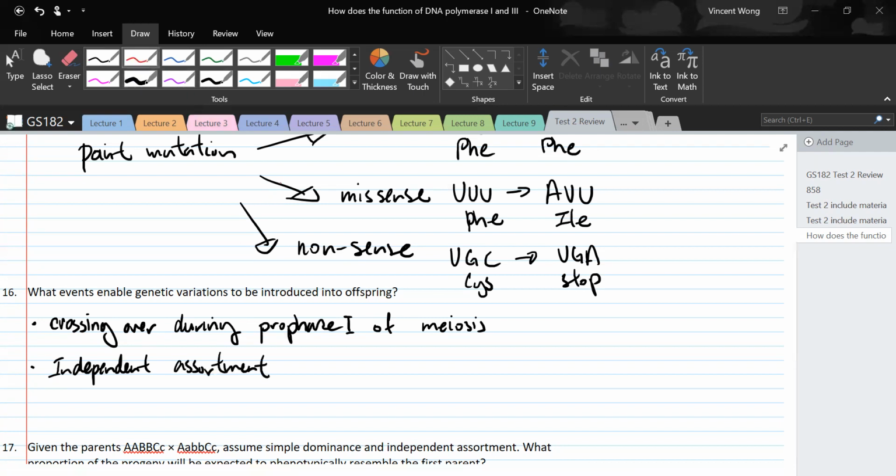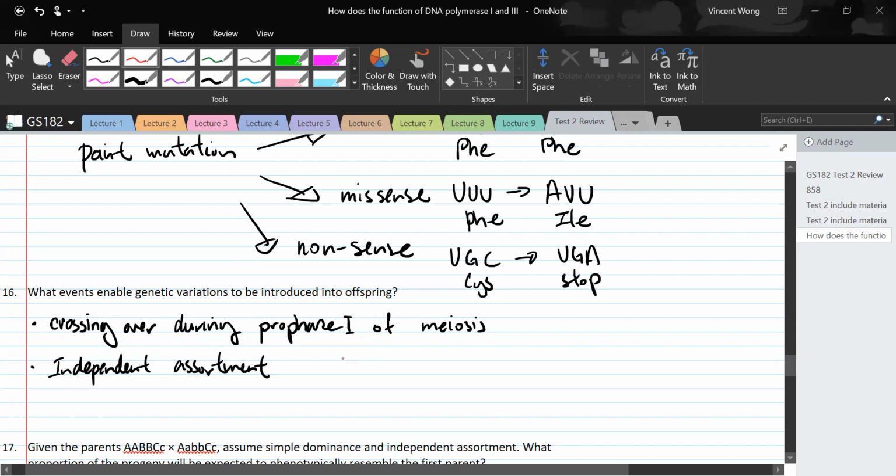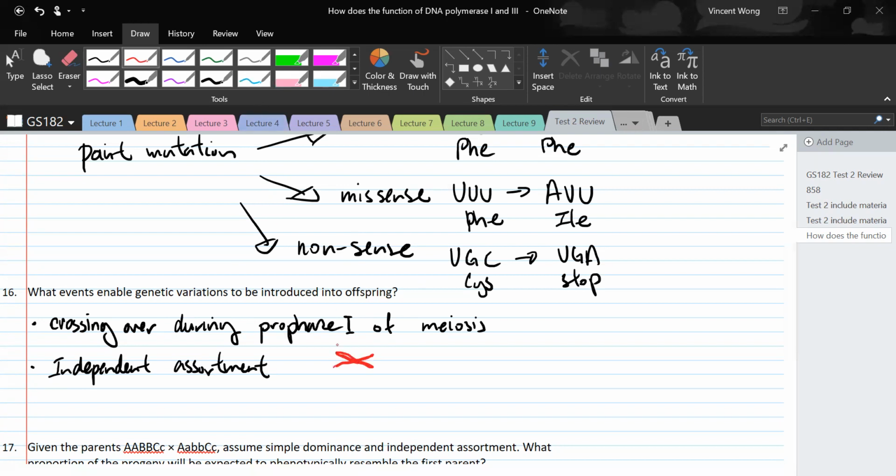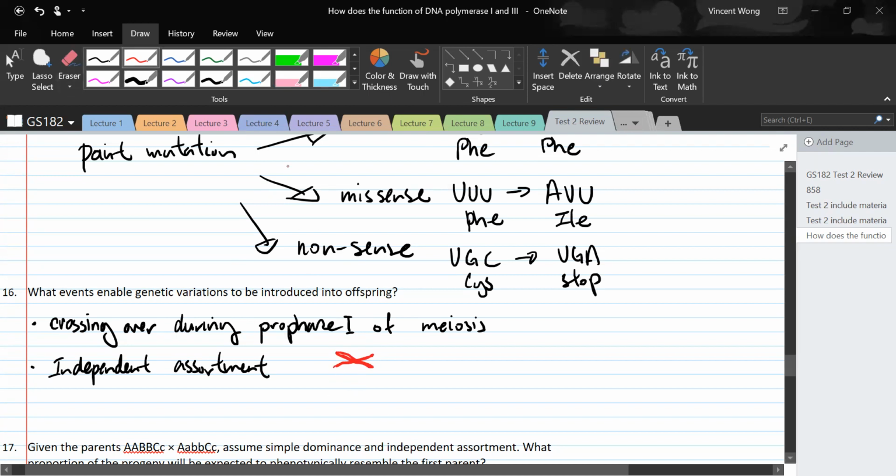Remember how the chromosomes line up during metaphase is random. So you might get the red one on top and the blue one at the bottom for chromosome 1. And then for chromosome 2, it might be the red one at the bottom and the blue one at the top. Or it could be red on top and blue at the bottom again, but everything is randomly organized.